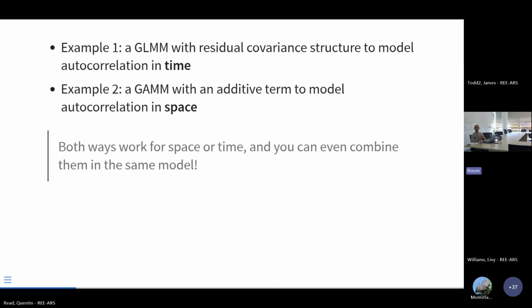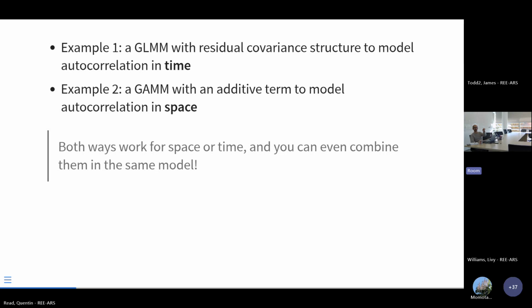So we're going to do two examples today, one of each of the things I just mentioned. Number one, we'll do a generalized linear mixed model, and we're going to put the time covariance in the residual structure of that model. And then we're going to do a GAM, an additive model, to model the relationship in space.